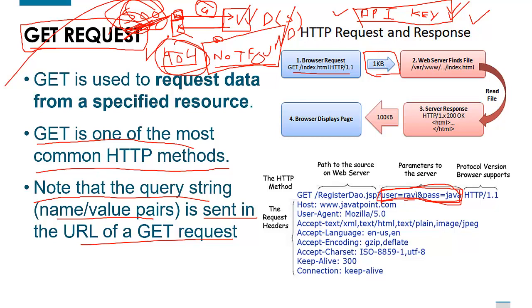Then it will go to our web server, which will find the file here. Means the server will go to the database, and from the database it will find some file, a document here, then it will read that file. If that file has status okay, it will send us the response that will be visible to our browser, in the form of HTML.